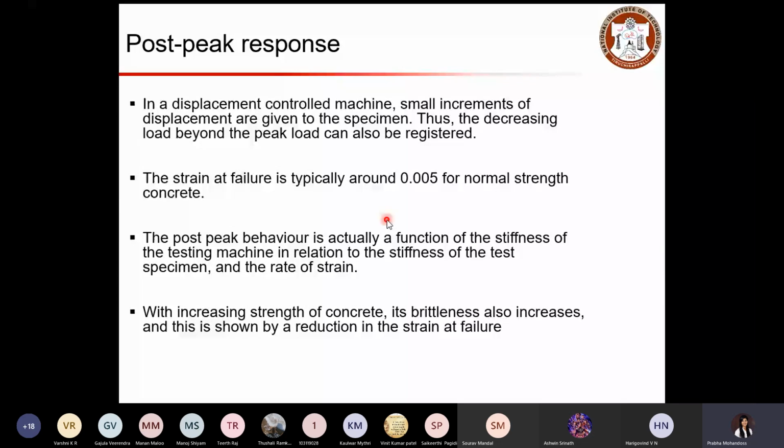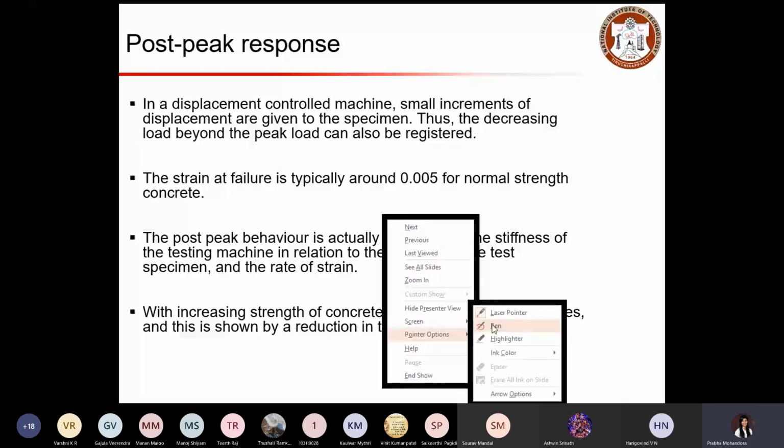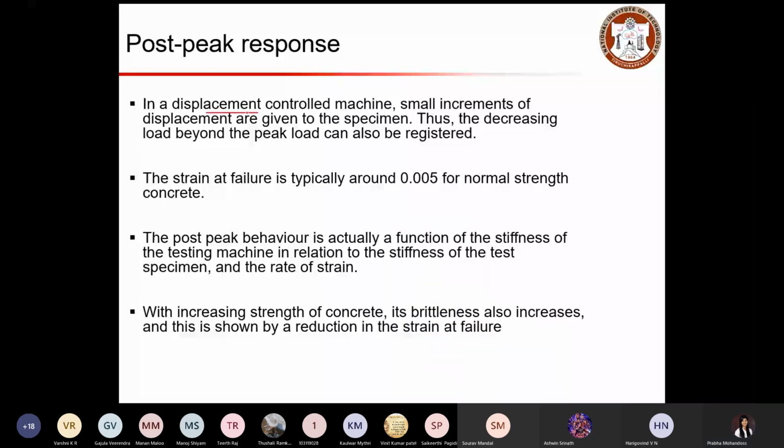So to obtain the post-peak response, you should have a test machine which can test using the displacement control method. What is this displacement control method? I will explain the procedure in detail in the next slide. In the displacement method, you apply some displacement in a fixed condition.